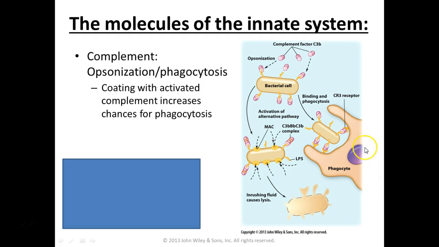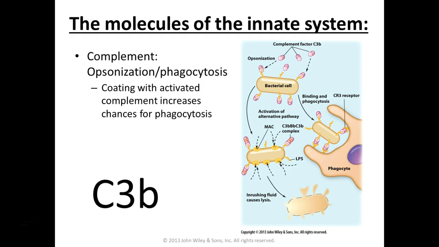The other thing is it's going to help us with phagocytosis because our phagocytic cells have a receptor for C3b, right? They can bind to and recognize that this guy needs to be destroyed. So what's the very important complement protein fragment that's an opsonin, opsonizes, targets for destruction? Everybody this time. C3b.